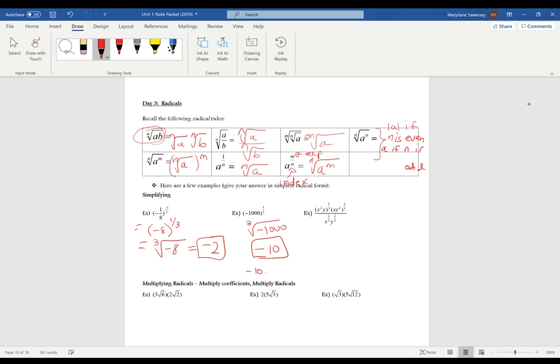So if you think about it, negative 10 times negative 10 times negative 10. 10 times 10 times 10 is 1,000. Negative times negative times negative is how you get the negative, right? You've got to get this thing back again. That's the same thing over here. Negative 2 times negative 2 times negative 2 is negative 8. So that's why you need that negative.